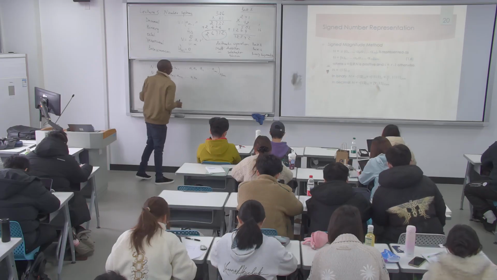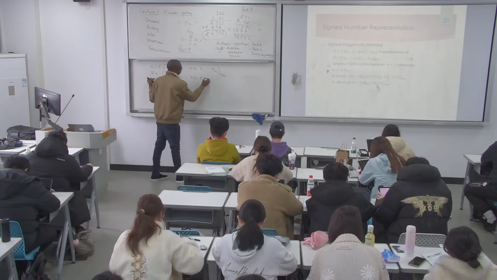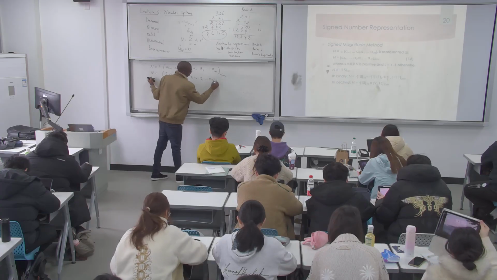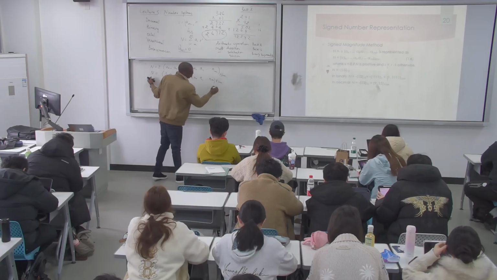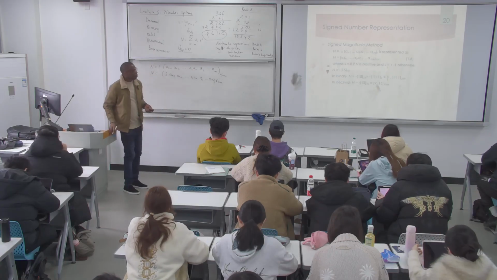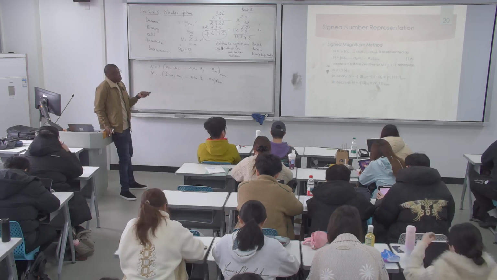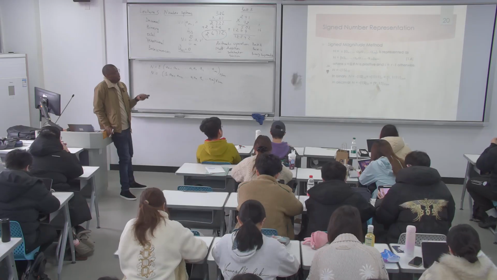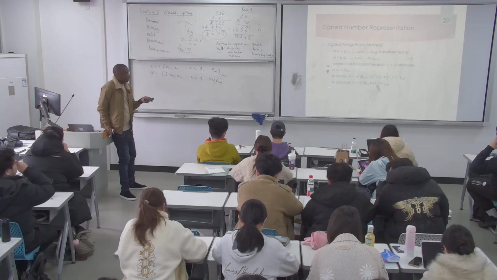Then we start the fraction number, a minus 1 till a minus m, and we have the base, sign magnitude number. Now we have s equals 0 when it is a positive number, and it equals r minus 1 for a negative number.